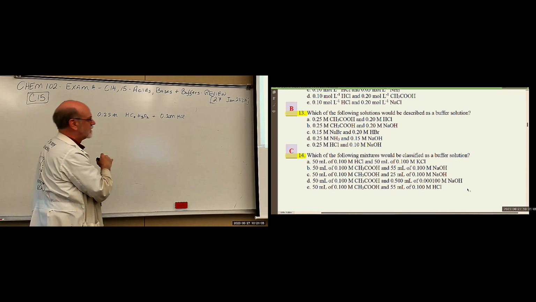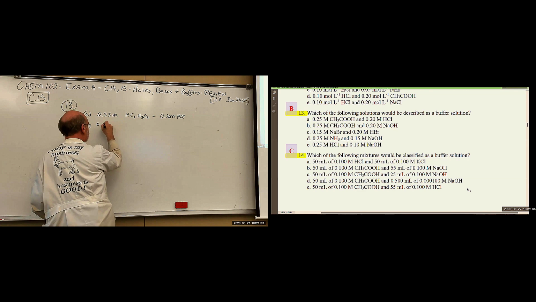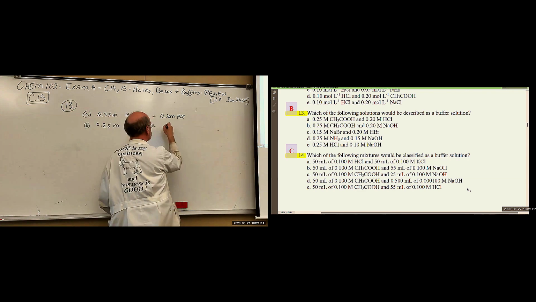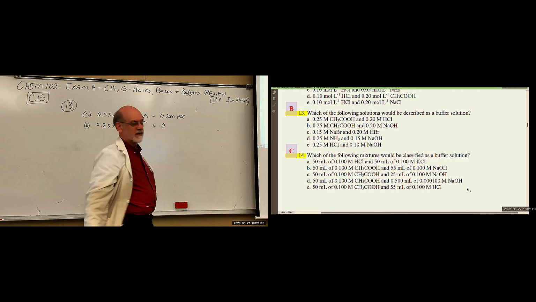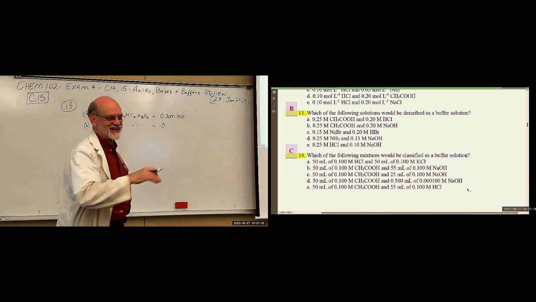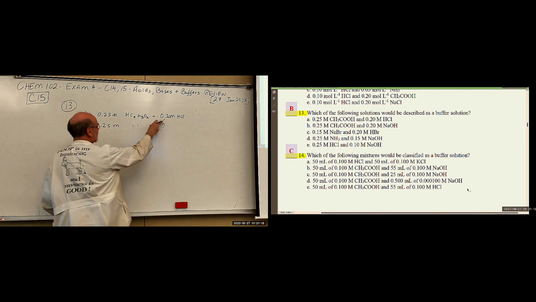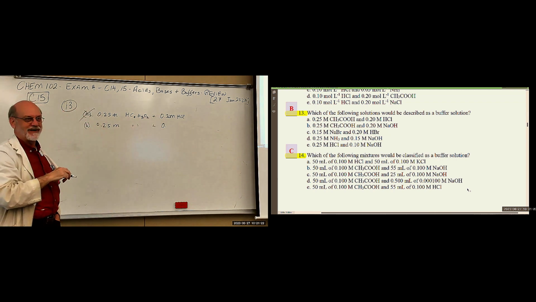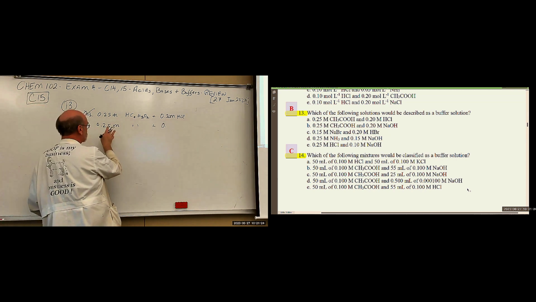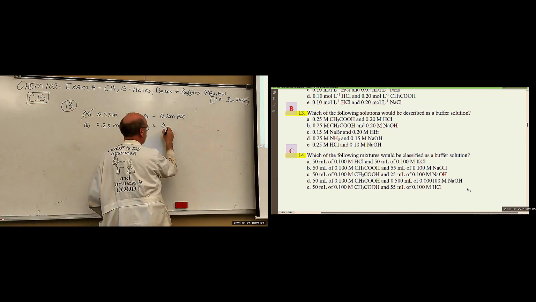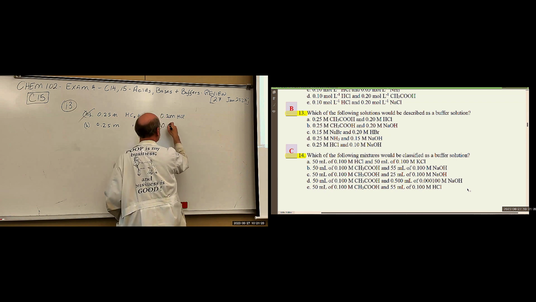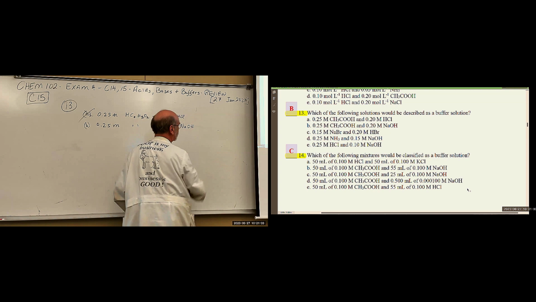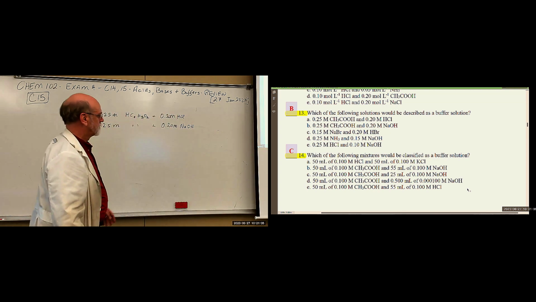How about B? 0.25 again, plus what? Plus 0. Well, no. Scratch that first explanation. You're adding an acid to an acid, right? There's no buffer potential there at all. But 0.25 molar acetic acid and 0.2 molar sodium hydroxide would do what?